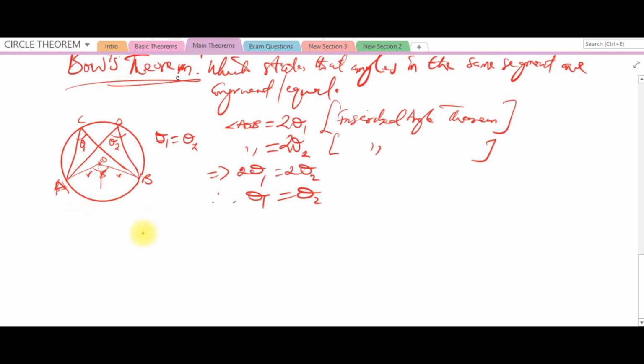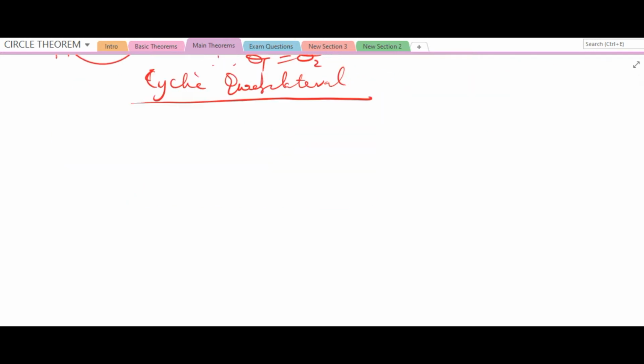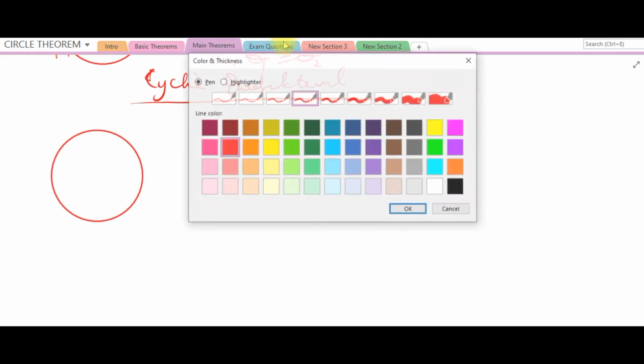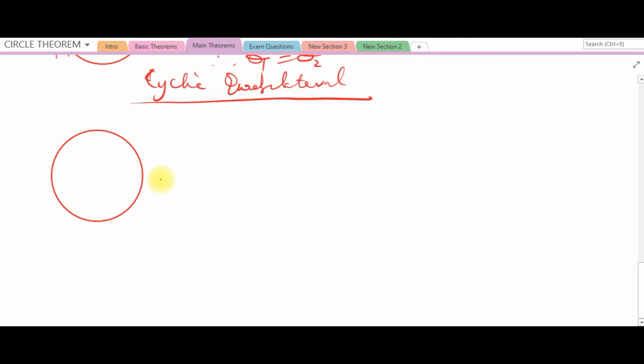So if you have a circle, and you have a quadrilateral, so this is quadrilateral A, B, C, D. If all the vertices of the quadrilateral lie on the circle, we call it a cyclic quadrilateral.